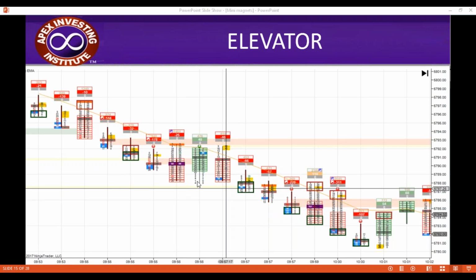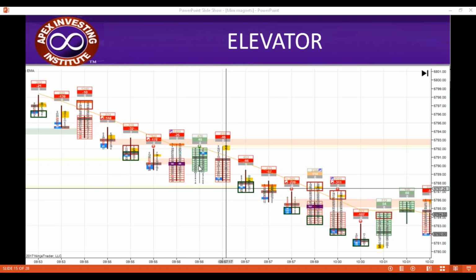Okay? So, it went 16 ticks. But there was not a mini magnet here, was there? If there was a mini magnet right here, what did I just say we know happens 90 to 95% of the time? That the market would go how far? 20 ticks, right?